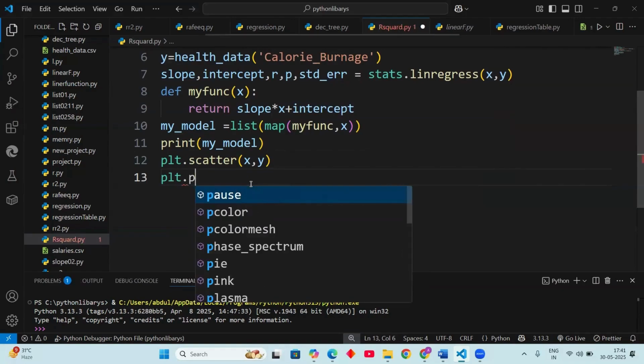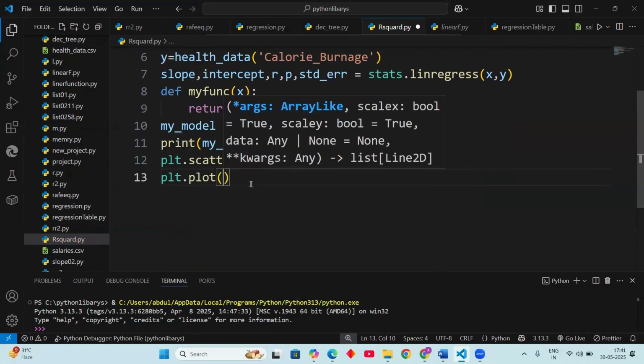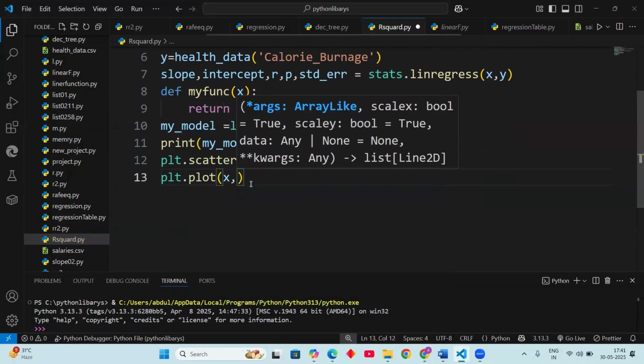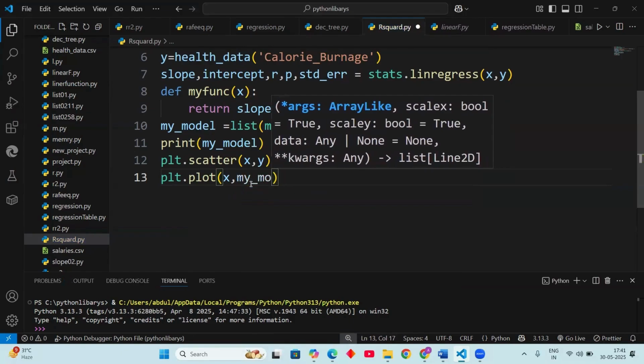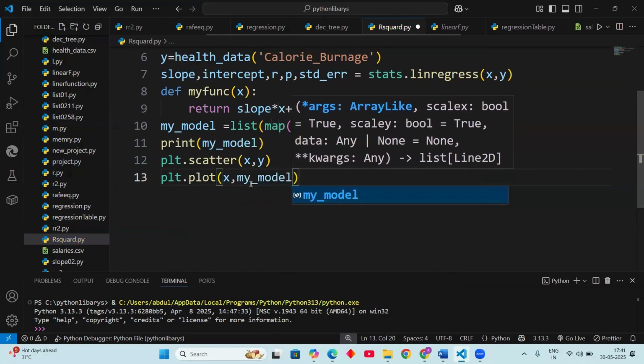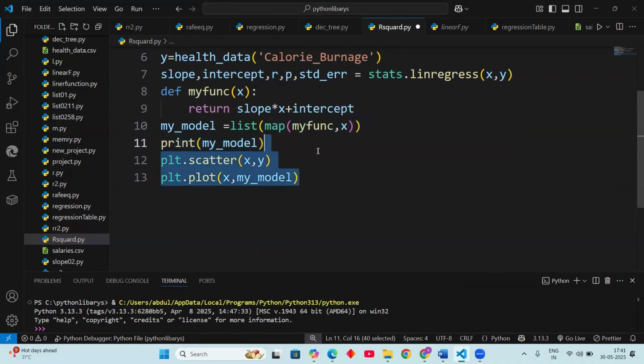I need to assign a plot for X and my function, right? The equation is in my function. For X and, no, not my function, for X and my model. Here my model is the mapped list, and I am assigning my model and X for plotting.